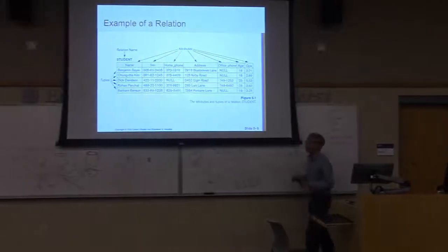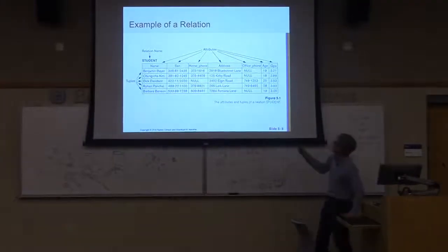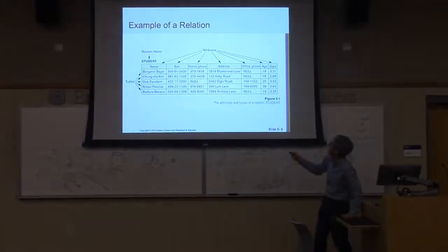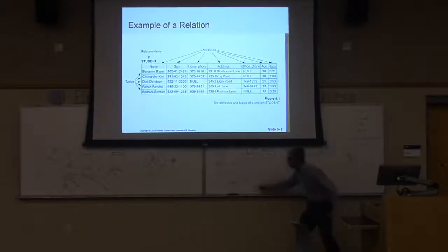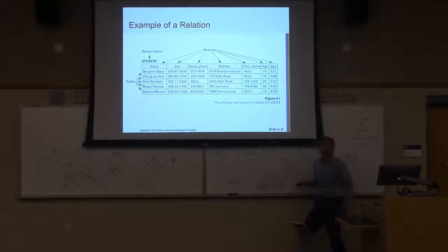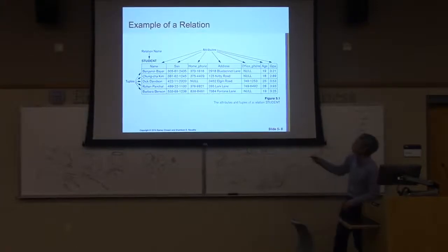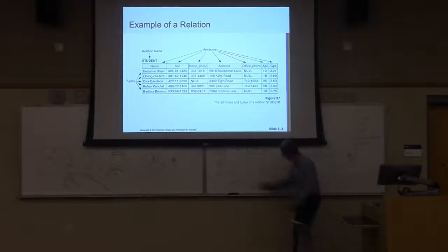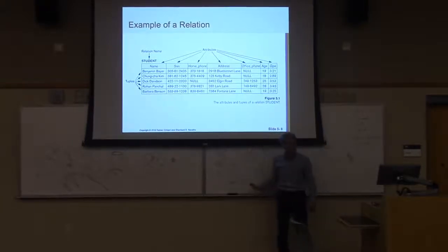Okay, 5 of them standardized with this schema: name, social security number, home phone number, address, office number, AC, and GPA. So like this. At that time, a group of attributes is a relation. A group of attributes represents what? This student relation, student set.